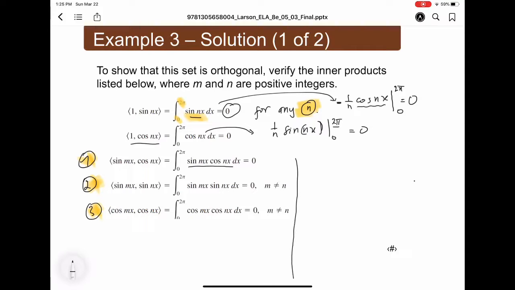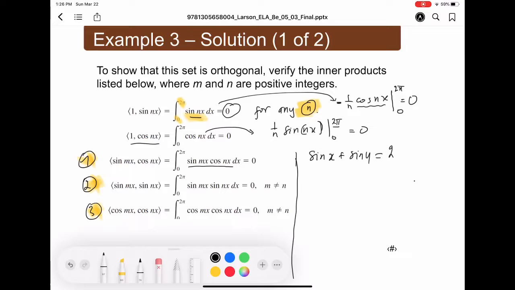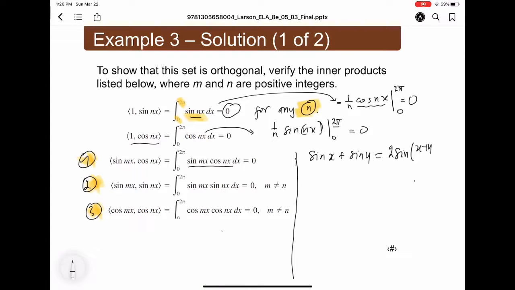If you have sine x plus sine y, that is nothing but 2 times sine of (x plus y) over 2 times cosine of (x minus y) over 2, right? And that is our case. So that is how you go from sum to product. And if you want to go back, it's okay. I can write sine of mx times cosine nx. What is that?